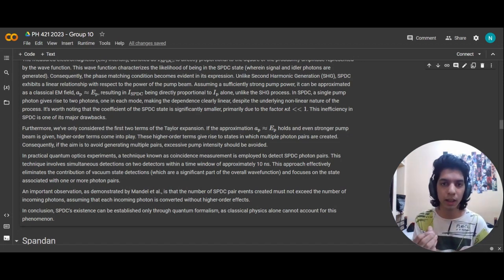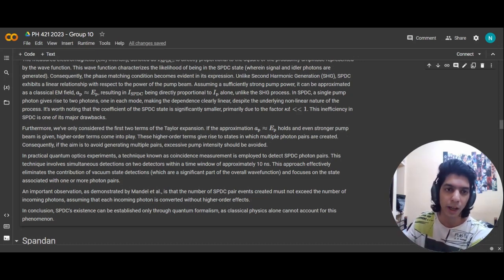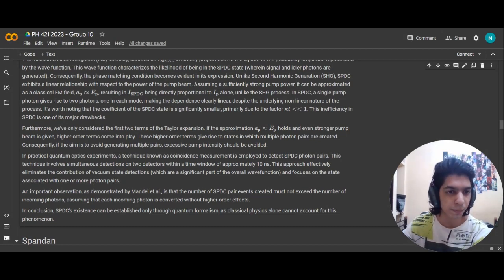That signal and idler are detected within 10 nanoseconds eliminates the contribution of the vacuum state, which is the initial state itself, because the initial state will only detect once and it won't be counted. So by performing this measurement, we are basically collapsing it into the state which we want, and then we can measure it.